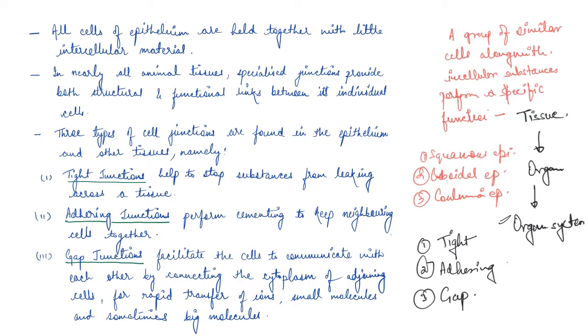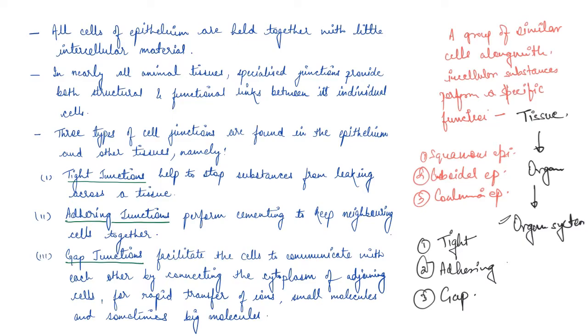And gap junctions facilitate the cells to communicate with each other by connecting the cytoplasm of adjoining cells. That helps in rapid transfer of ions, small molecules, and sometimes big molecules as well. So all three junctions that we have studied have their own specific role in joining different types of tissues and functioning in a specific way, right?